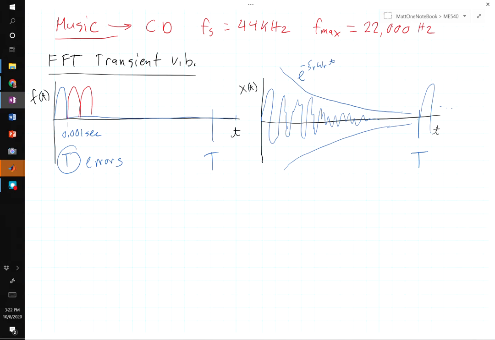So basically the only trick to using FFT for transient response is to choose T large enough. And how do we do that? We can actually work this out.